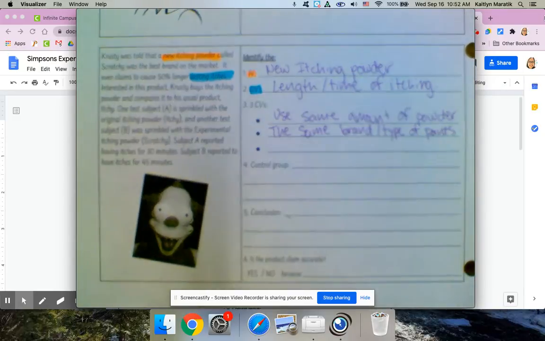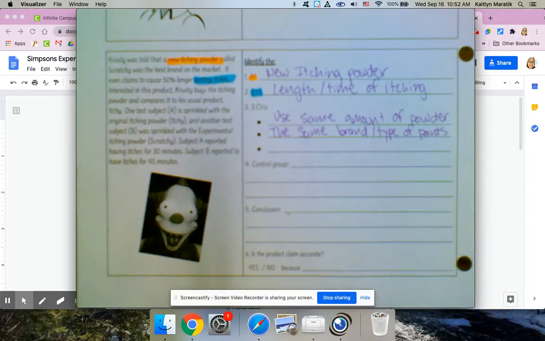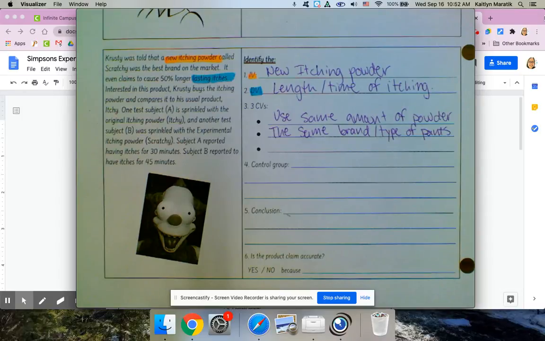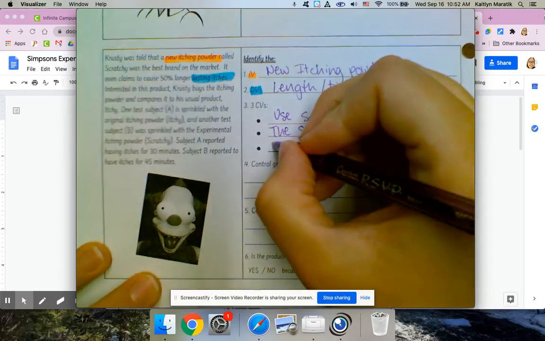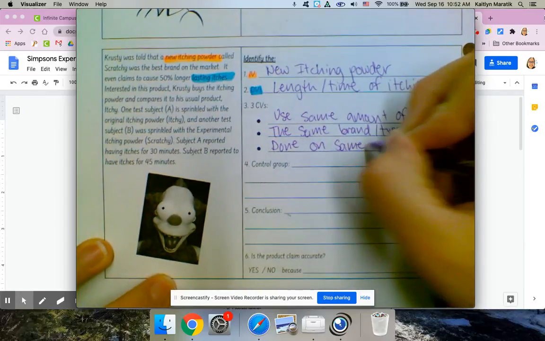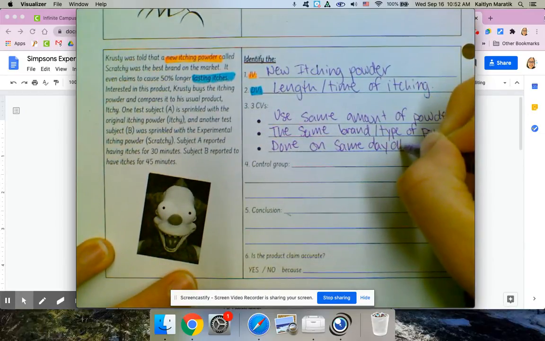And another thing, we might want to do it at the same time, so it's not like a really warm day one day, but a really cool day another, or a humid day one day or another. So done on the same day at the same time.